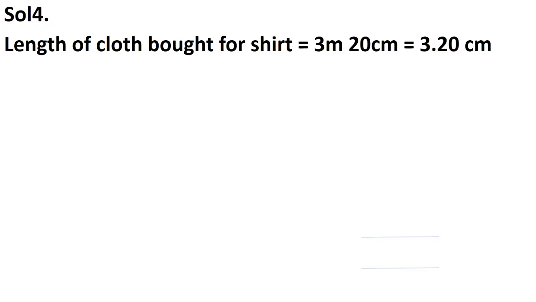Length of cloth bought for shirt. How much? It is 3 meter 20 centimeter. See beta, this is the chapter of decimal. So we have to convert it into decimal. Okay.